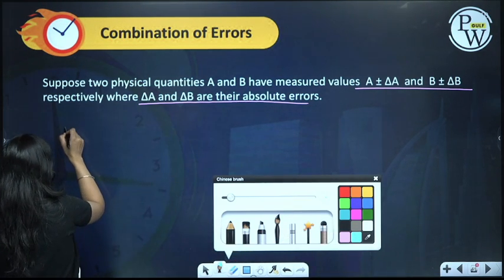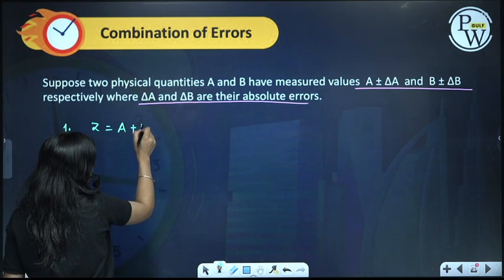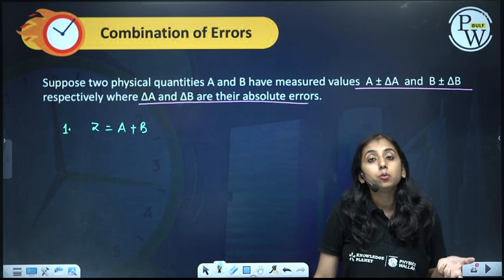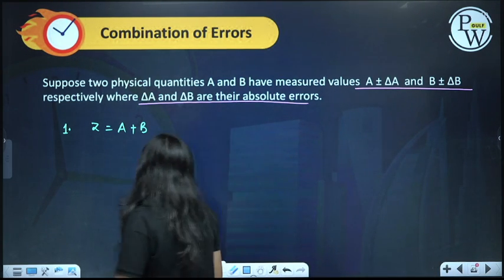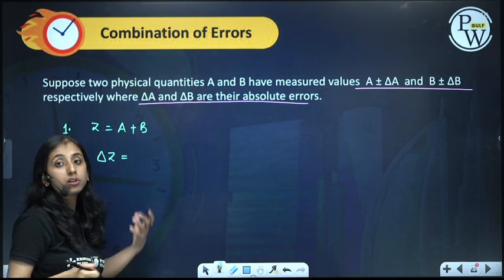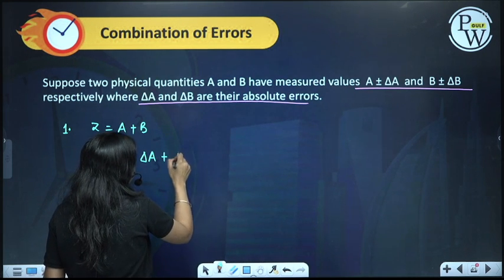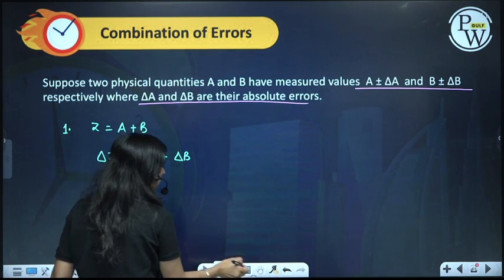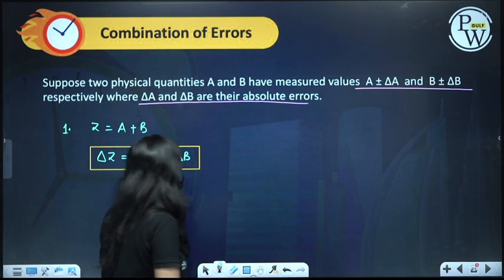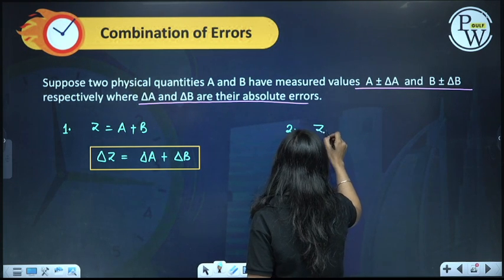Now if we have Z is equal to A plus B, then what will be the mean absolute error in Z? The mean absolute error in Z will be the mean absolute error in A plus the mean absolute error in B.